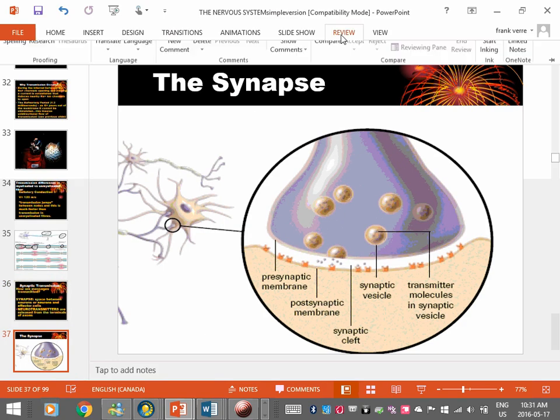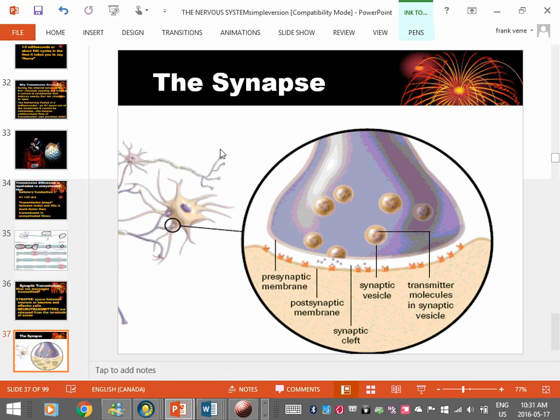So here you're seeing this is the cell that would send information. This is the cell that would receive the information. So if you look at this picture over here, you see a neuron right here, and there are other neurons that are making contact with it.